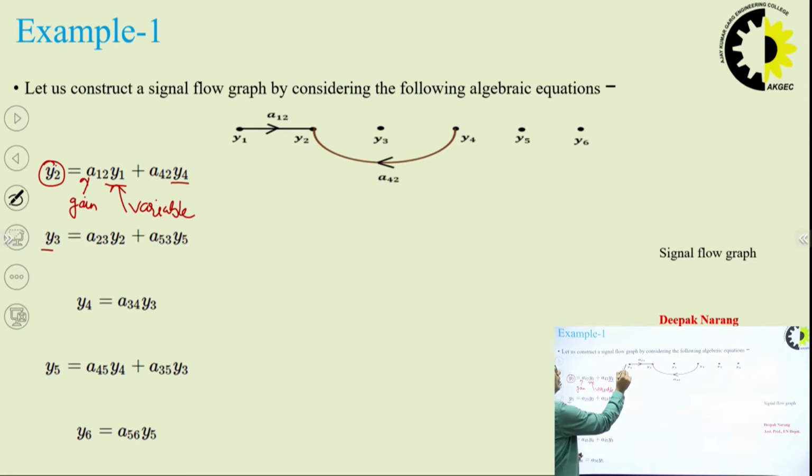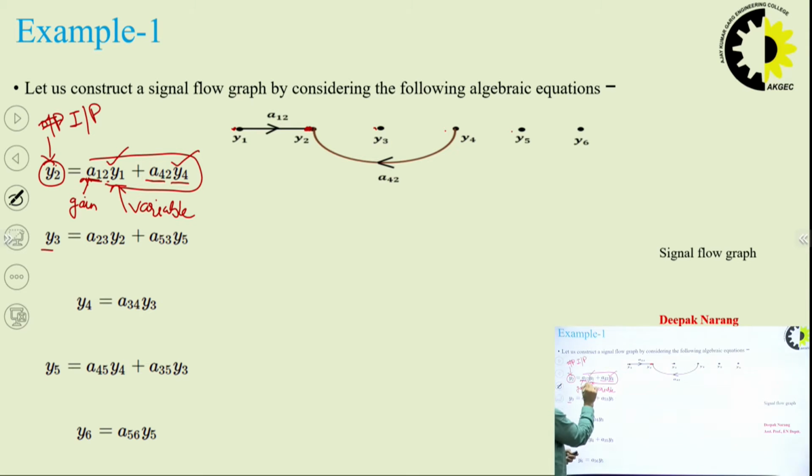We have located all the variables y1, y2, y3, y4, y5 and y6 as nodes. The first equation says that y2 is equal to the sum of a12 into y1 plus a42 y4. It means this is an output node in this equation at which two nodes are coming, y1 and y4, with coefficients a12 and a42. So, sorry, this is an input node.